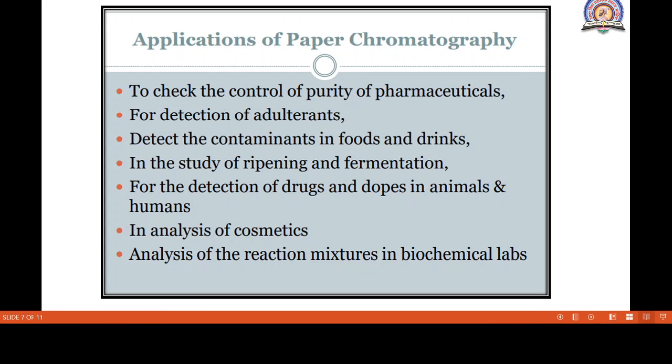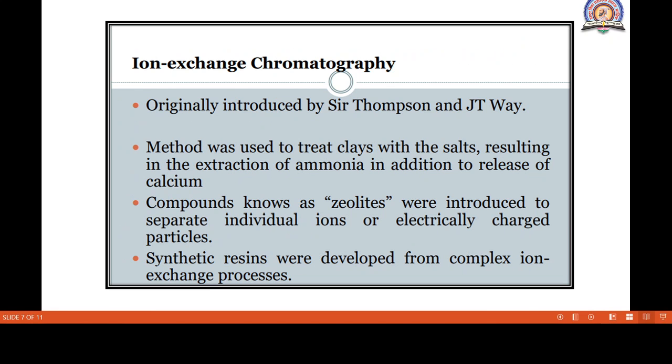Also for the detection of drugs and dopes in animals and humans. In analysis of cosmetics and analysis of reaction mixtures in biochemical labs, we use this paper chromatographic technique. Okay students, with that we finish paper chromatography.